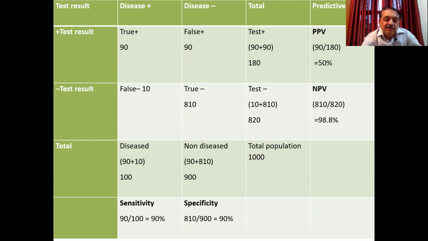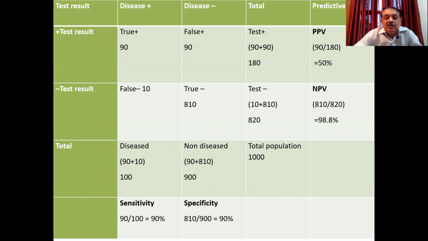Now we have sensitivity. In the first column, you can see sensitivity 90% and specificity also we have assumed 90%. Now sensitivity is 90%. That means out of 100 diseased, we will be getting true positive as 90, but in 10 people, we will not get a positive result. We'll get a negative result by error, that is false negative. So that is about the first column.